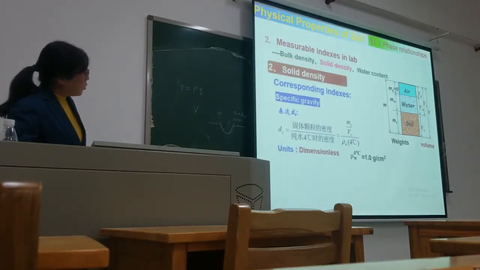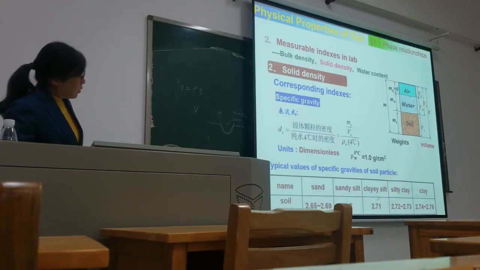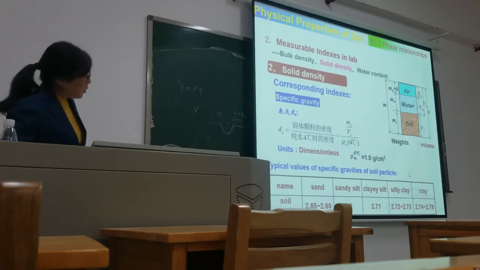And its value is in the range of maybe 2.7 gram per cubic centimeter, okay?